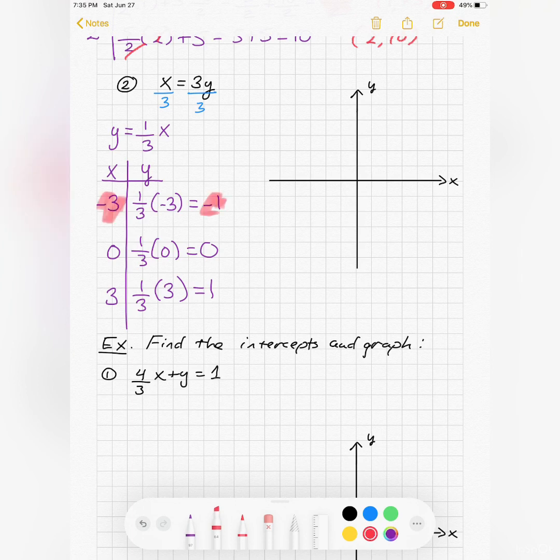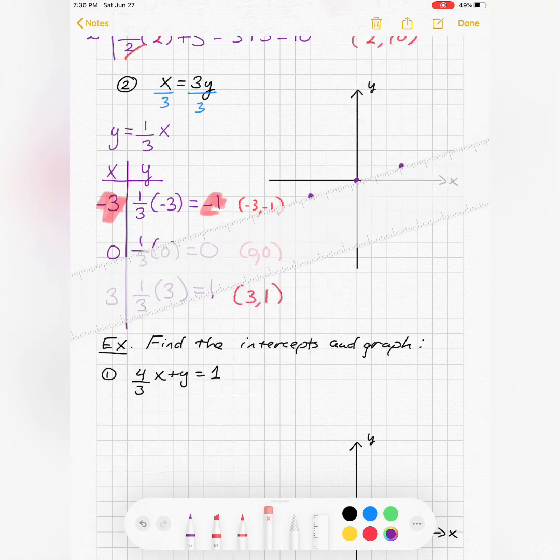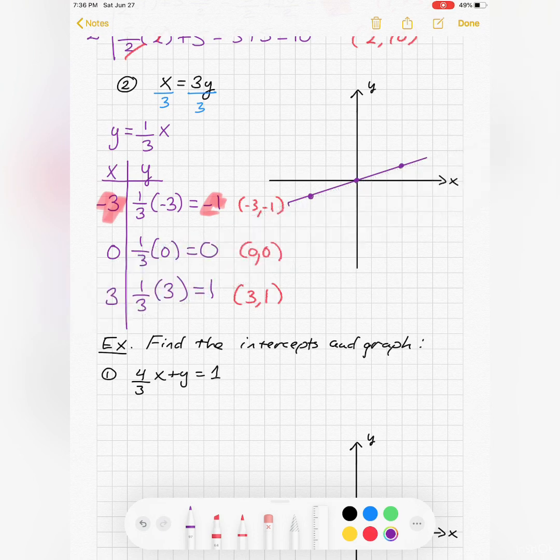-3, -1. 0, 0, and 3, 1. And there's my line.